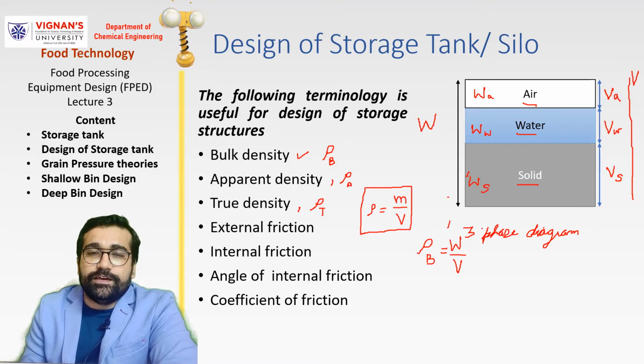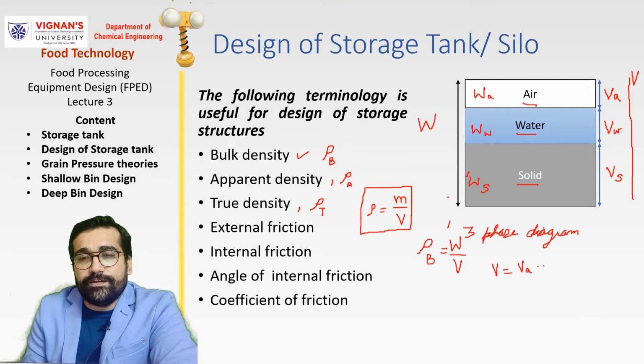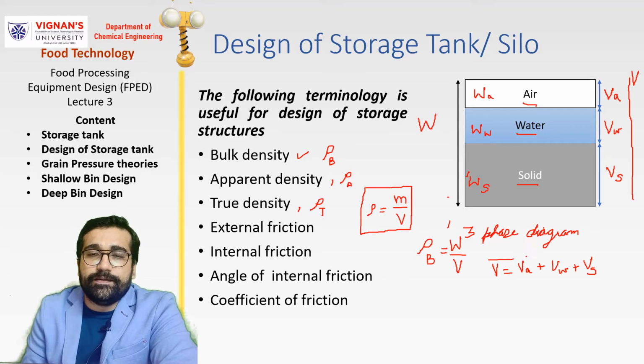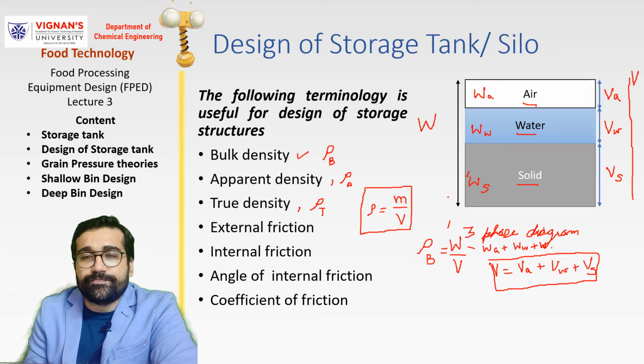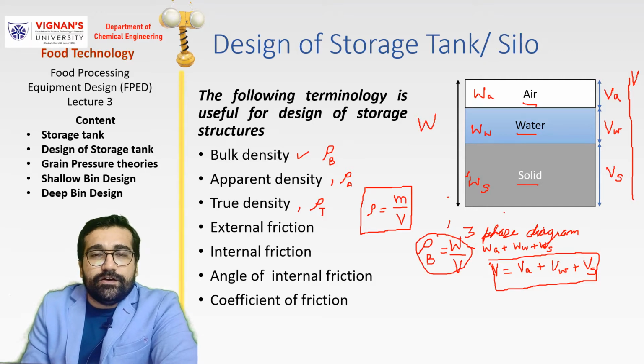So V equals volume of air plus volume of water plus volume of solid. And similarly W will be weight of air, weight of water, weight of solid. So this will be the bulk density of any material.